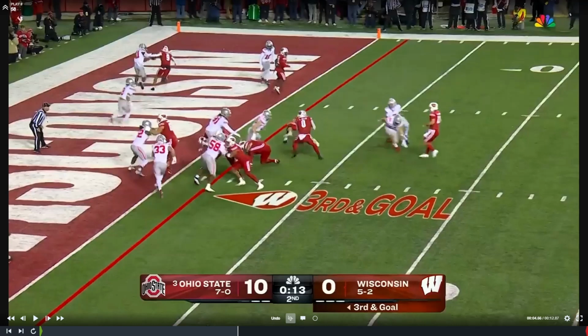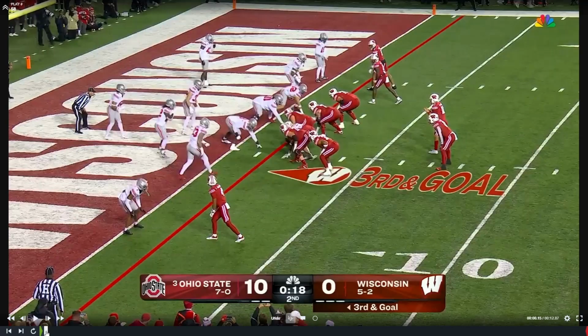Split flow with an RPO in the flat, touchdown. But ironically, when we run stuff that Wisconsin is known for is where we sometimes falter. But going under center does not make any of this easier, and I can prove it to you.